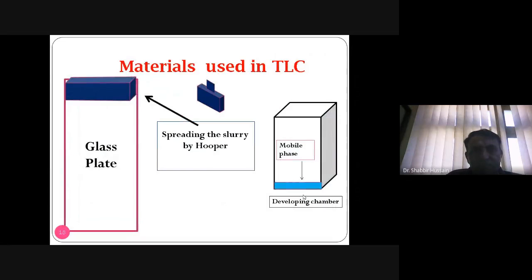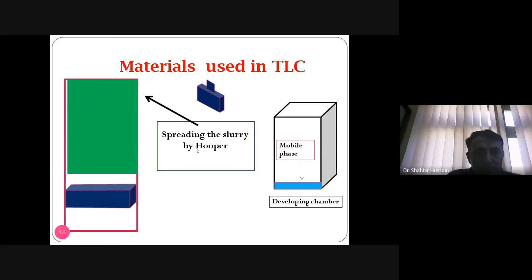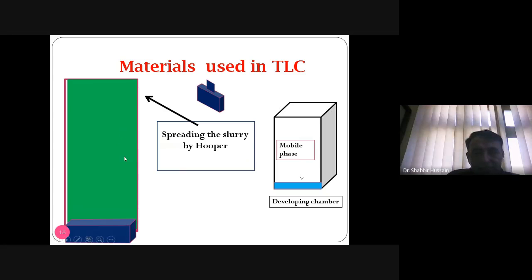Suppose you see here the material used in TLC. Suppose this is a glass. If you want to prepare it on your own, spreading the TLC with spreaders like this one, you can spread the slurry on it. Silica TLC is ready for you.